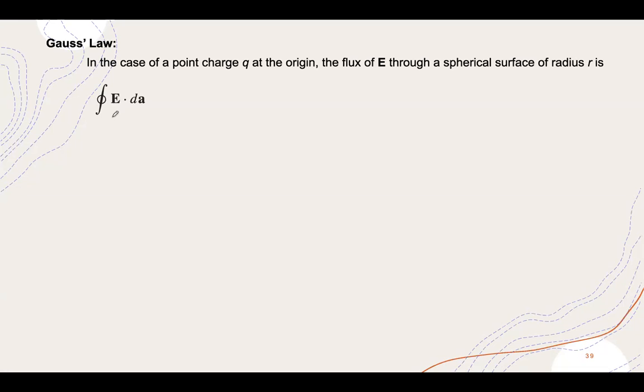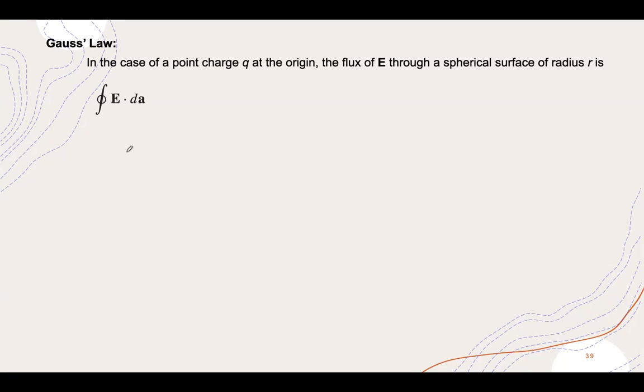If you want to calculate a flux, it should be a closed surface, not an open surface like the example I gave earlier. This integral is the dot product of the electric field and the infinitesimal area element.